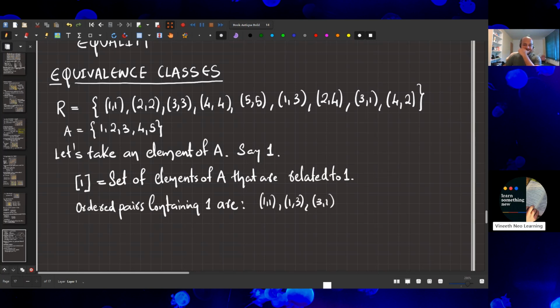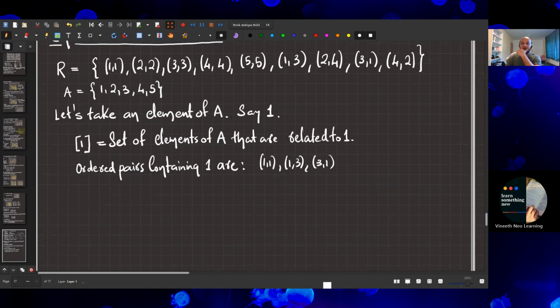So what elements are related to 1? 1 and 3. Exactly. The set {1, 3}. This is known as the equivalence class of 1.